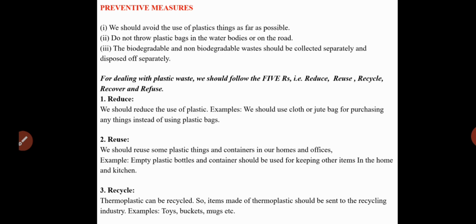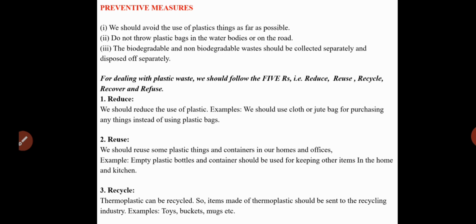Students, you observe that on the sides of the road or on the road we are seeing many waste plastics. So you have to avoid throwing plastics on roads and in nearby water bodies. If we throw them there, finally that causes water pollution, and nearby soil pollution also takes place.